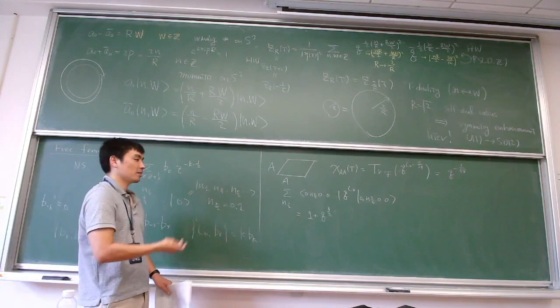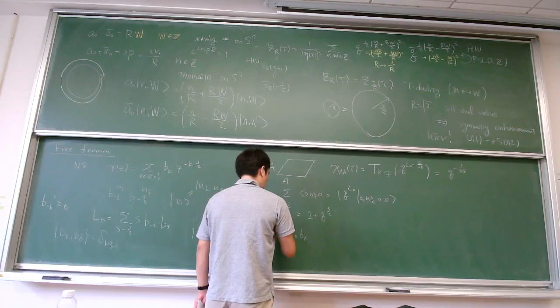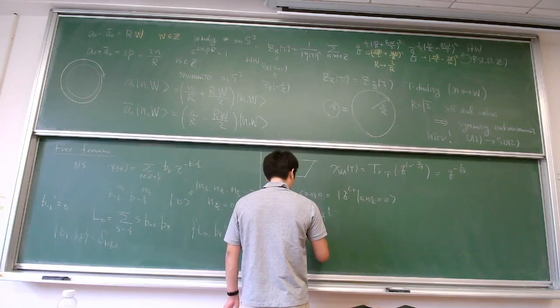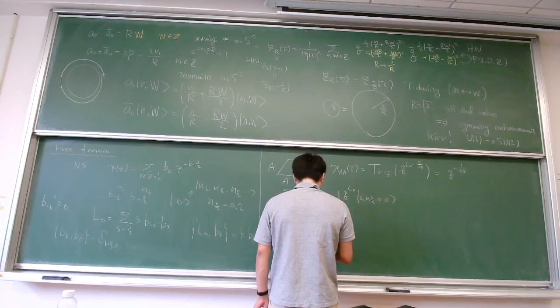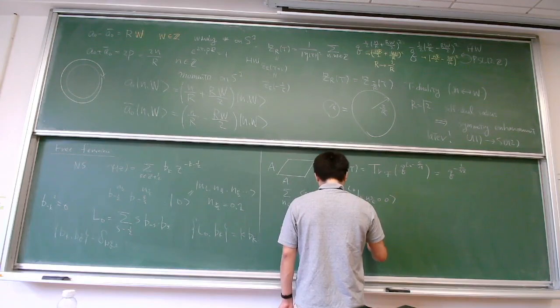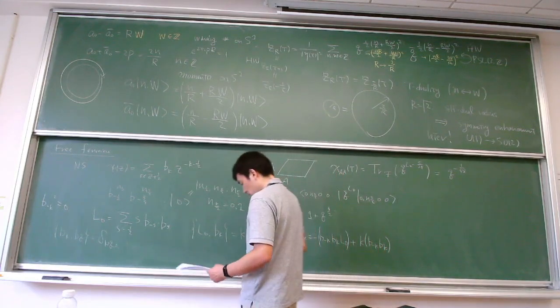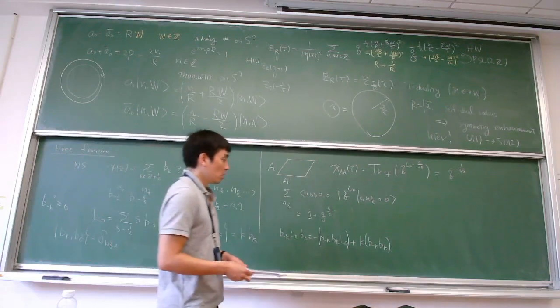If you exchange L0 with b_k and b_minus_k, you have minus k, b_k, L0, and a minus sign, and plus k, b_minus_k.